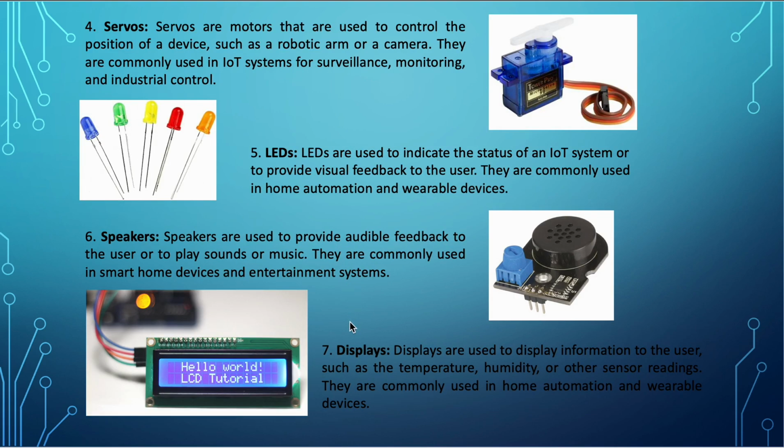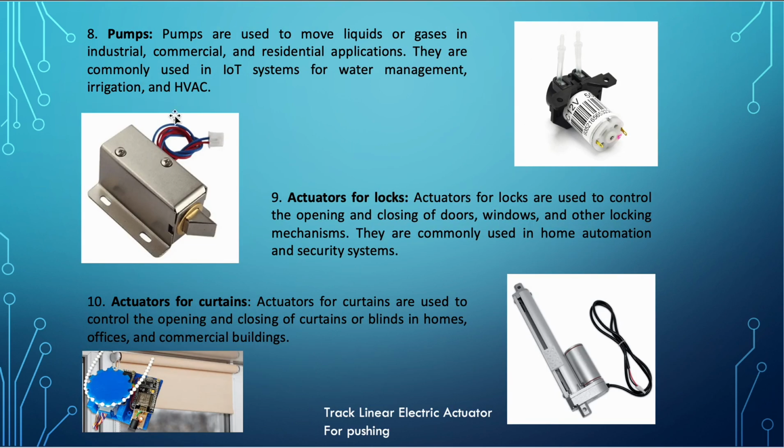Each of these categories has different products with different capabilities, and it is the responsibility of the engineer who's making the IoT device to select the correct actuator with the correct performance, with the correct range, with the correct properties, to have a good product.